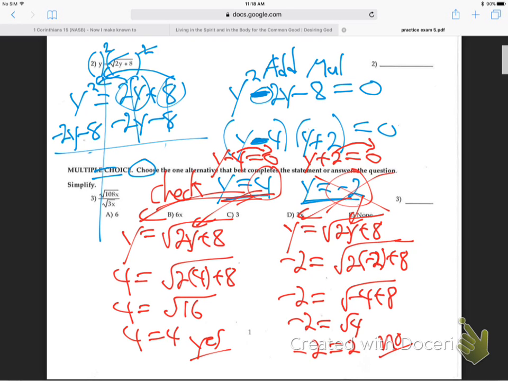The answer is only the 4. Just the 4. That's usually what happens. One's good, one's bad. Does the negative always work? It's not that simple, or I would have told you. Often, but sometimes the negative is the keeper and the positive is the bad one. But usually the negative's the throwaway. You kind of expect that, but they could make one tricky that does the other thing.